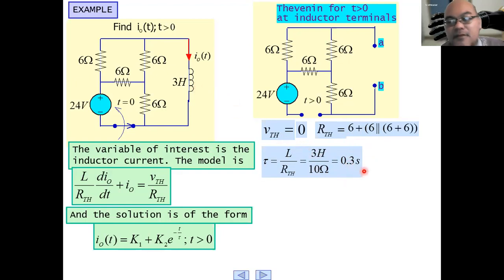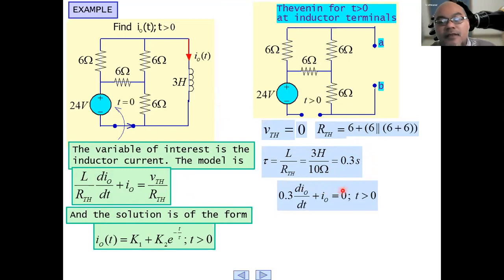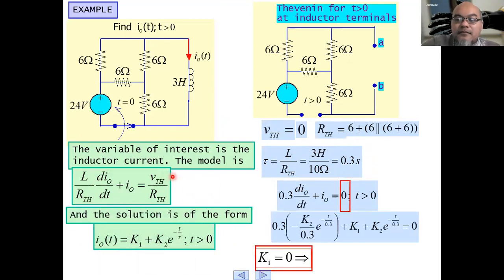or 0.3 second. So we can put this again into the equation: 0.3 dIO/dt plus IO equals 0. Okay, VTH, the voltage of the Thevenin source, is 0. K1 will be 0, because there's no forcing function.